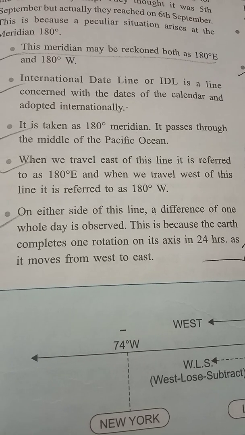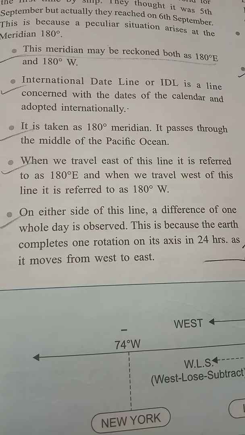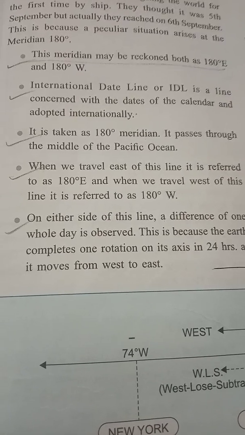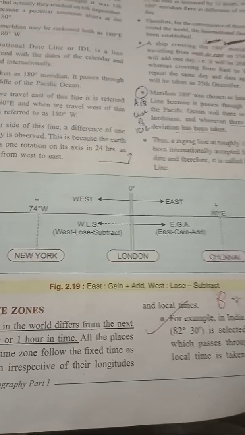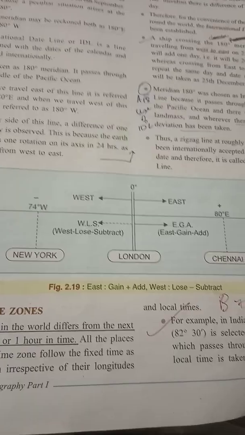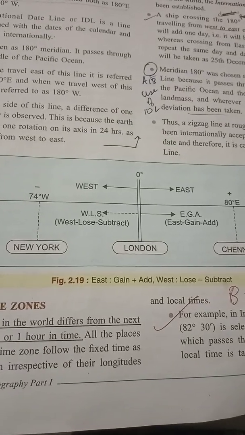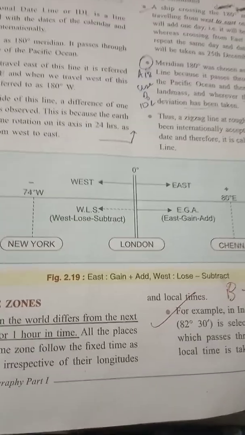And why? Because Earth completes one rotation on its axis in 24 hours as it moves from west to east. So see children, if you look at this diagram, east gain, add; west lose, subtract. This is a simple motto we follow. London, that is where the Greenwich Mean Time is taken.